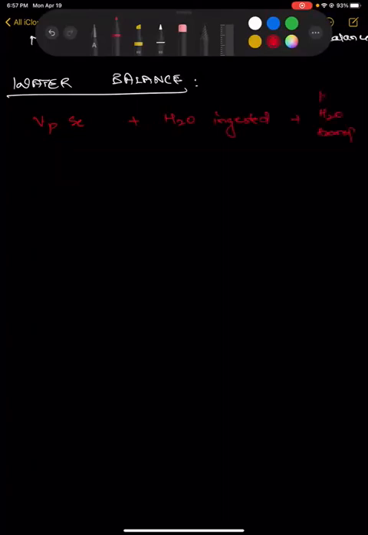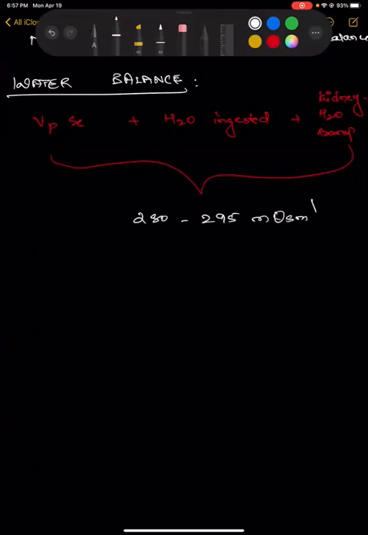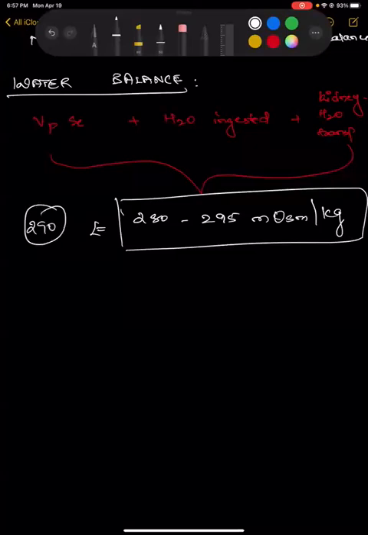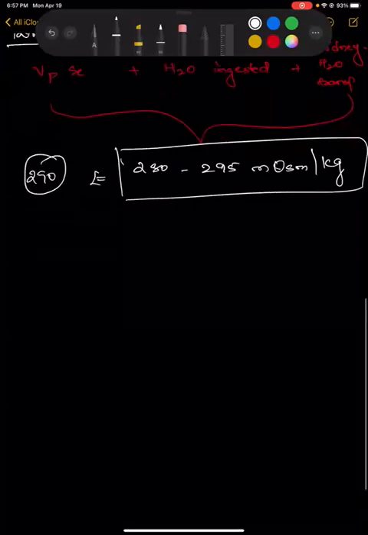How the kidneys handle the water that we intake. So all of these three mechanisms maintain a serum osmolality of 280 to 295 milliosmoles per kg. And this is of very vital importance. And for all calculative purposes, we consider a plasma osmolality of 290.